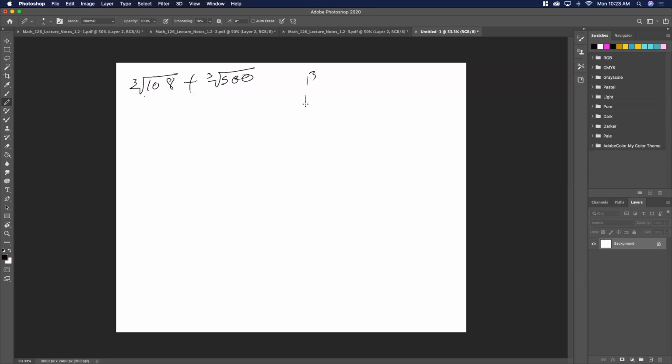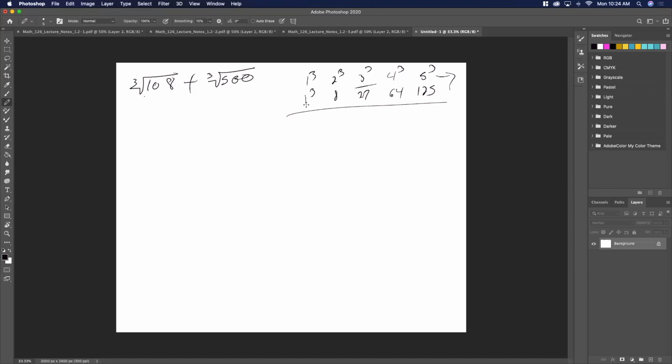So 1 cubed is 1, that doesn't do us any good. 2 cubed is 8, 3 cubed is 27, and then 4 cubed is, we just did this, 64, and then 5 cubed is 125. Okay, so here's our cubes, right? And so forth. But this will get us to what we need to do.